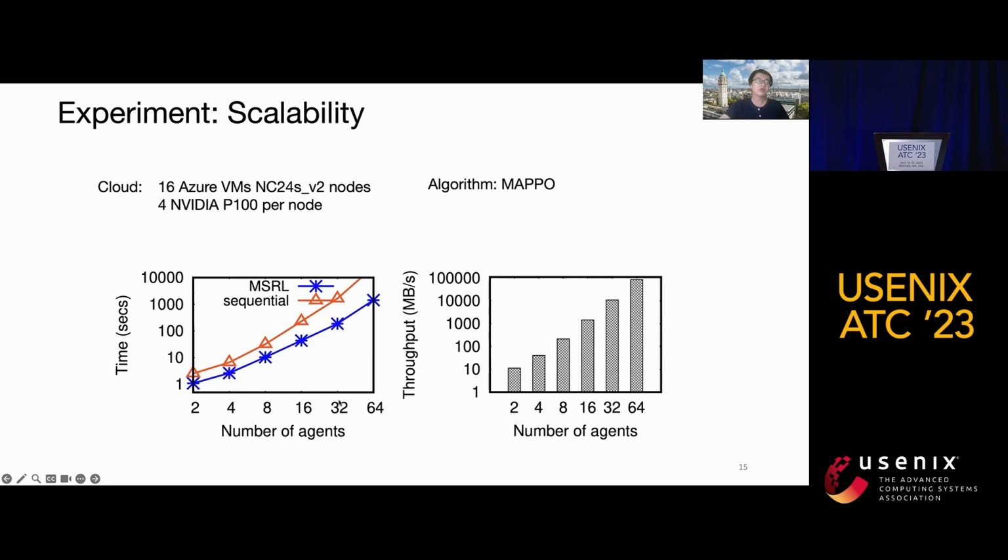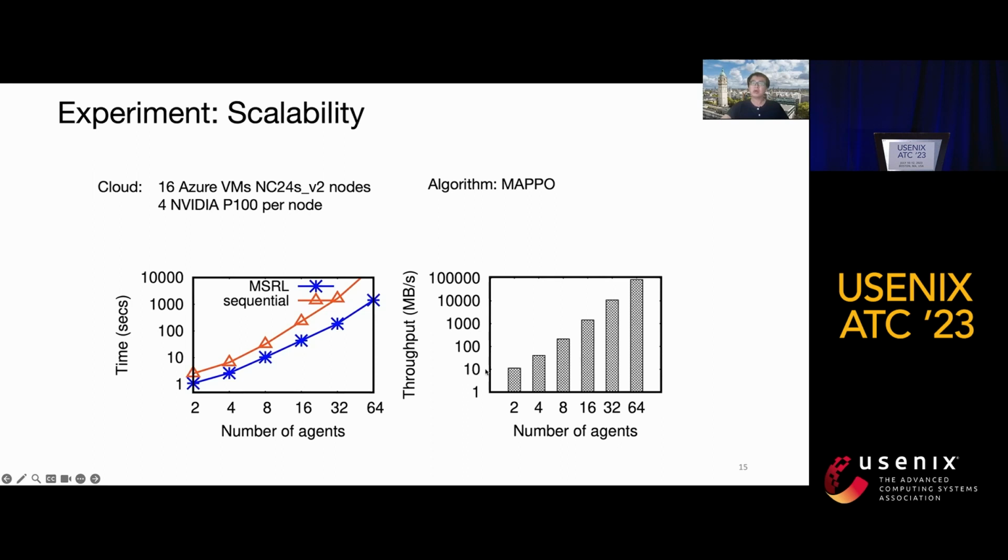For example, here with 32 agents or 32 GPUs, due to this massive distributed training, MSRL is 58 times faster than the sequential version. And this suggests that MSRL can efficiently process distributed RL training algorithms on large-scale hardware.